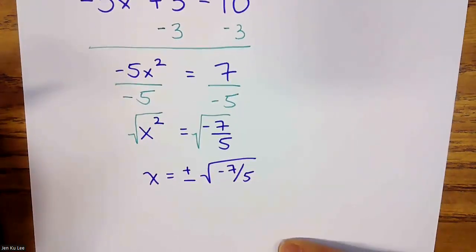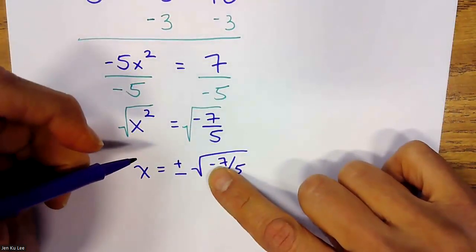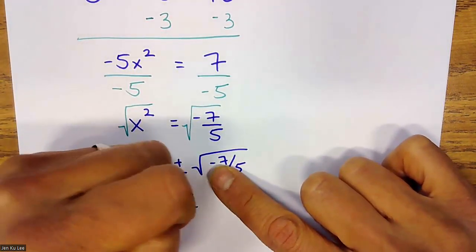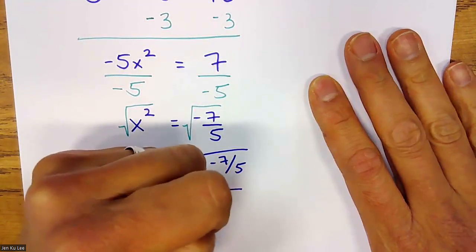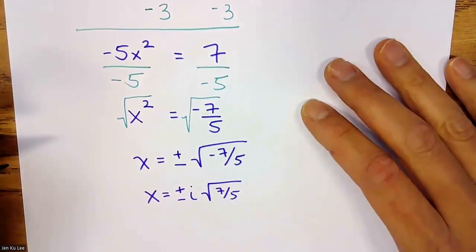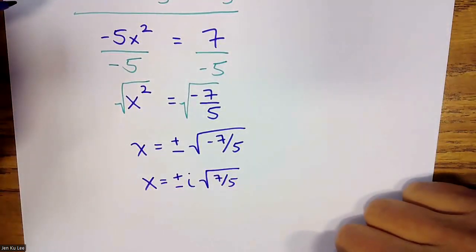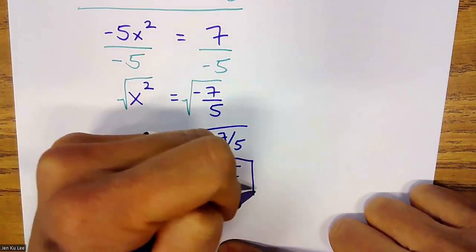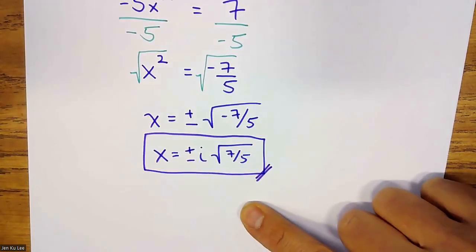I see a negative. I'm going to take it out. And for now, we're not going to be talking about how to simplify this. For now, this is your answer. Okay?